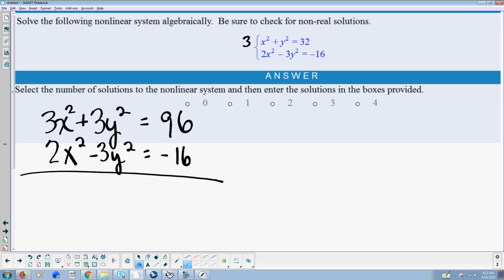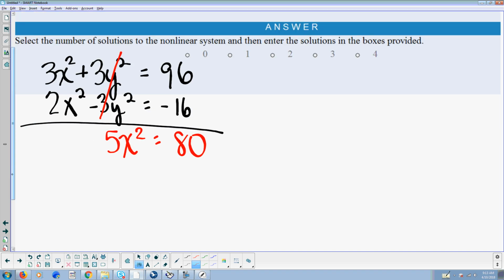In elimination, we add the two equations together, and our y squared terms are going to cancel. So 3x squared and 2x squared adds to be 5x squared, and 96 minus 16 is 80. Next, we're going to divide by 5. So x squared equals 80 divided by 5, which is 16.